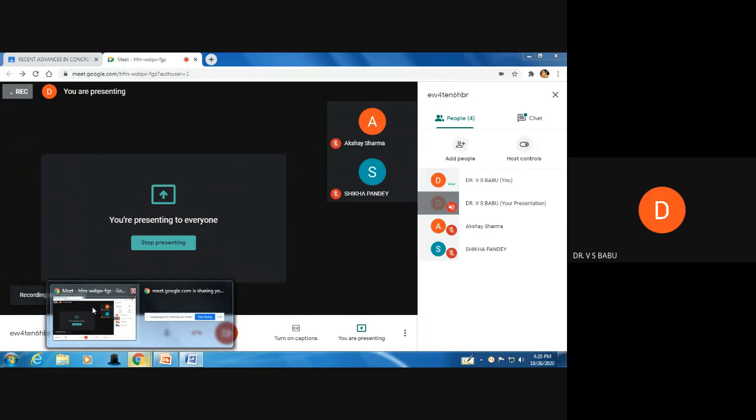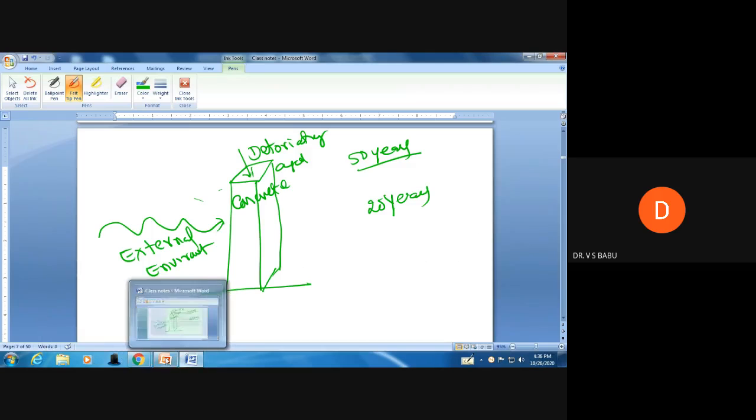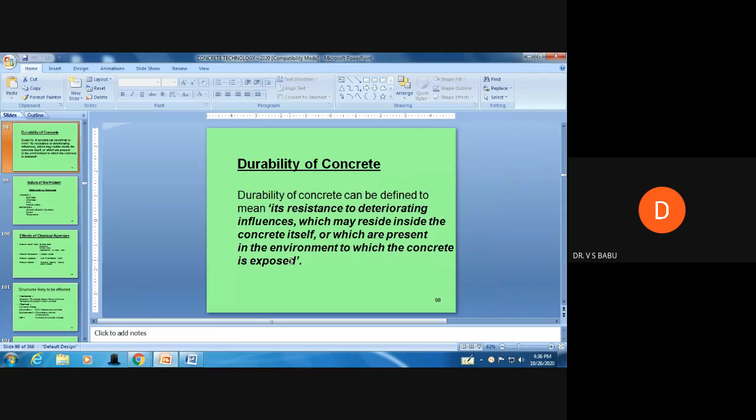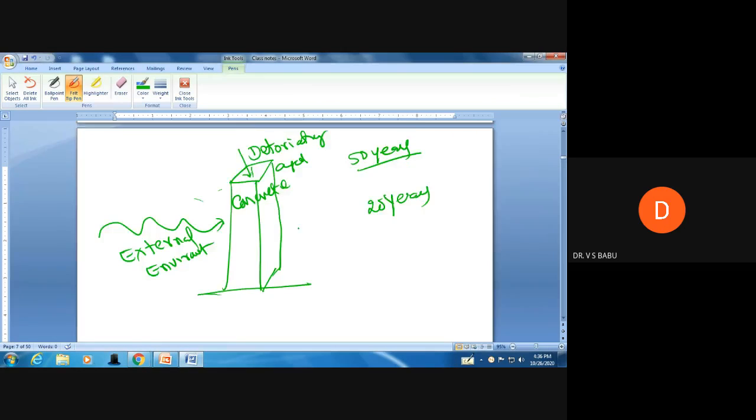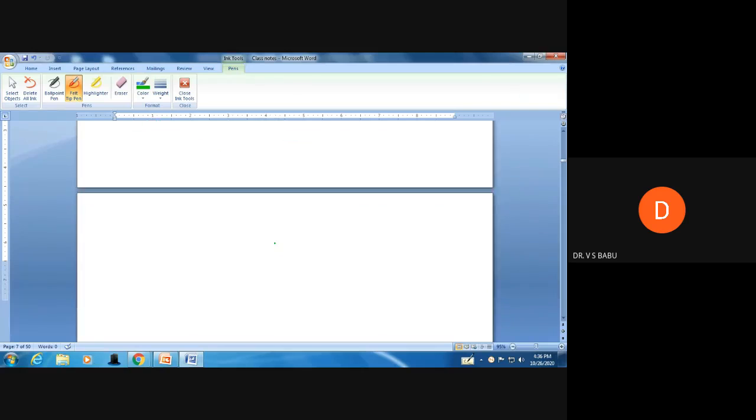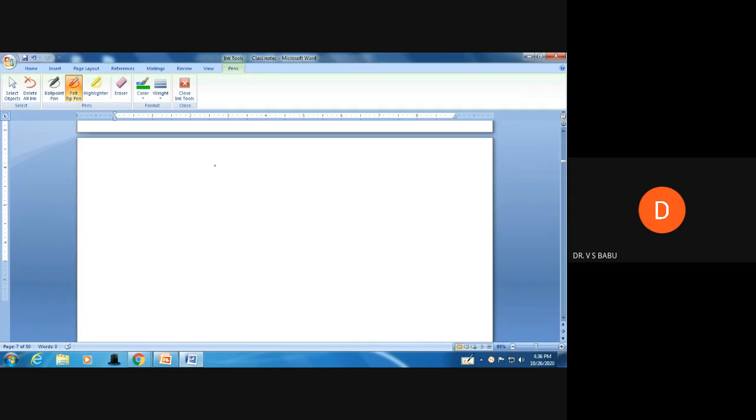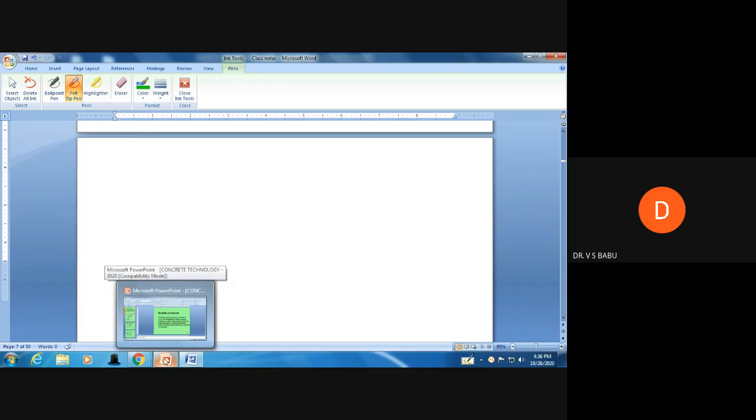Okay, now come to the point once again. Suppose the agencies are sometimes present in the concrete itself. The external agencies and internal agencies both may damage the concrete, more probably nowadays, because some agencies are present in the concrete itself and we can't avoid them.